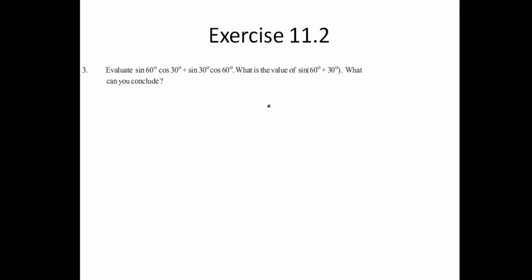Let's look at the next one. You need to evaluate this value here, and similarly you need to evaluate the value of this one, and observe what you have found. So let me write this here: sin 60 cos 30 plus sin 30 cos 60. I'm substituting the trigonometric values.